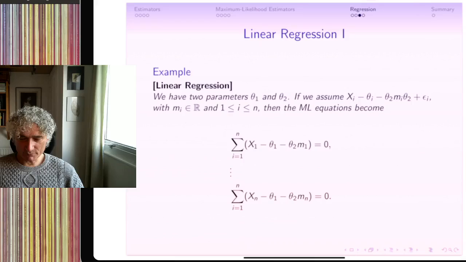And we assume that we look at linear regression. So each of the xi has to be compared with theta 1. Sorry, this is a mistake. Just realized this. This has to be a 1.